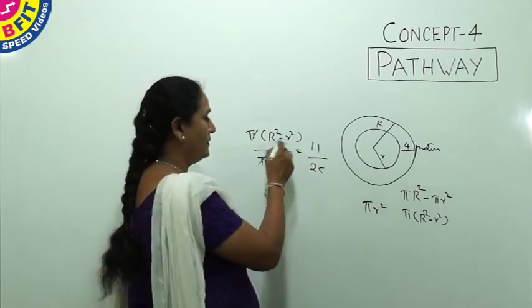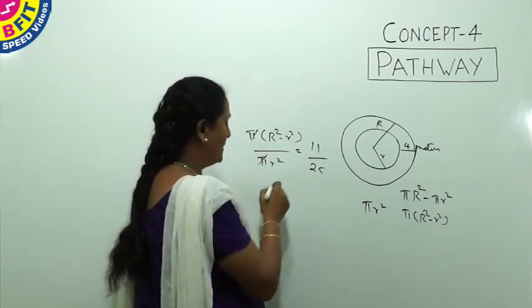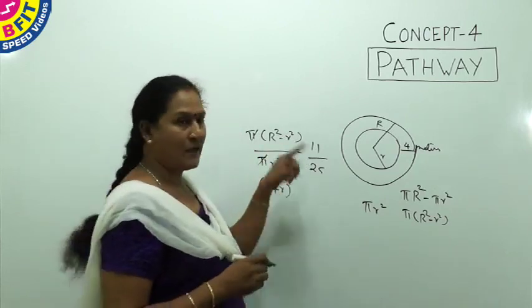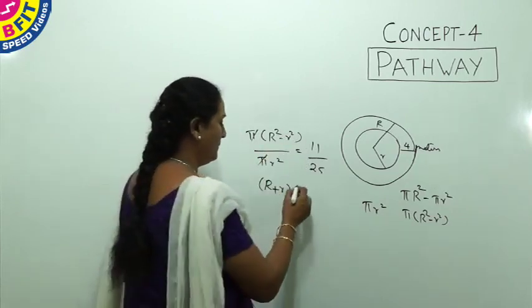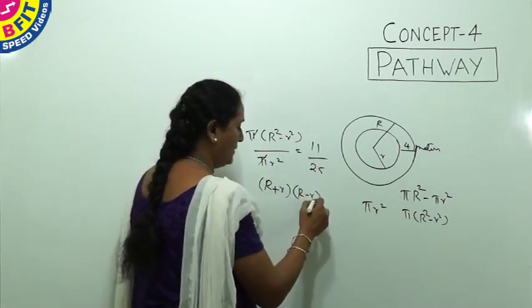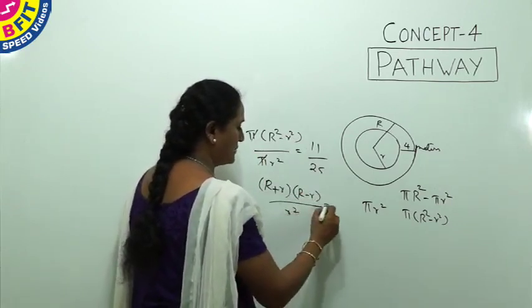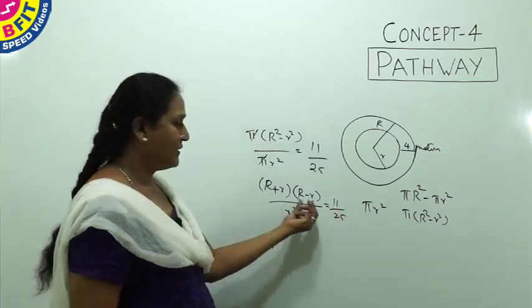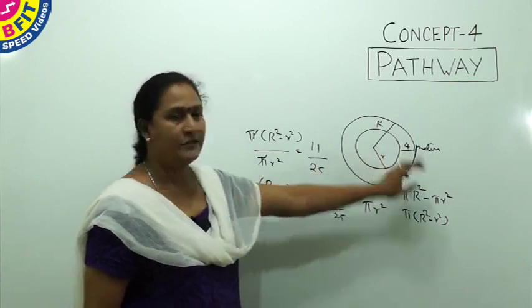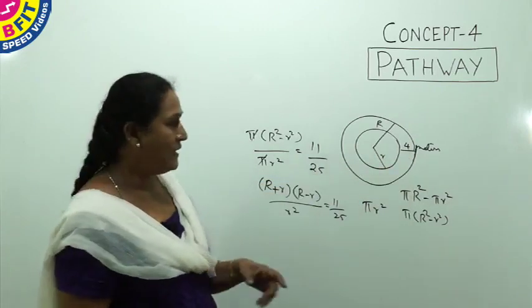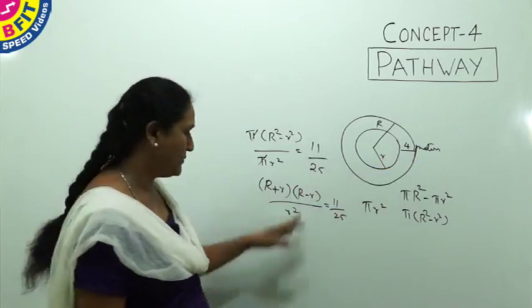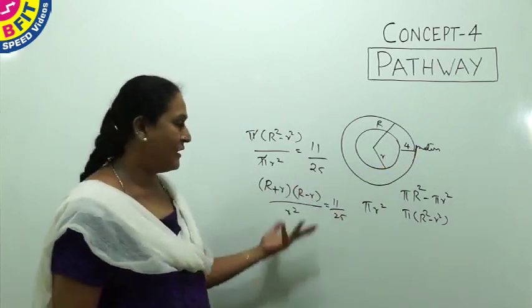Here R square minus r square, we can split as R plus r into R minus r, using the identity a square minus b square is a plus b into a minus b. So this is r square into 11 by 25. By solving this, what is R minus r? It is 4. As the width of the pavement is 4, the difference in radius is 4. So substituting that, we can work out and solve.